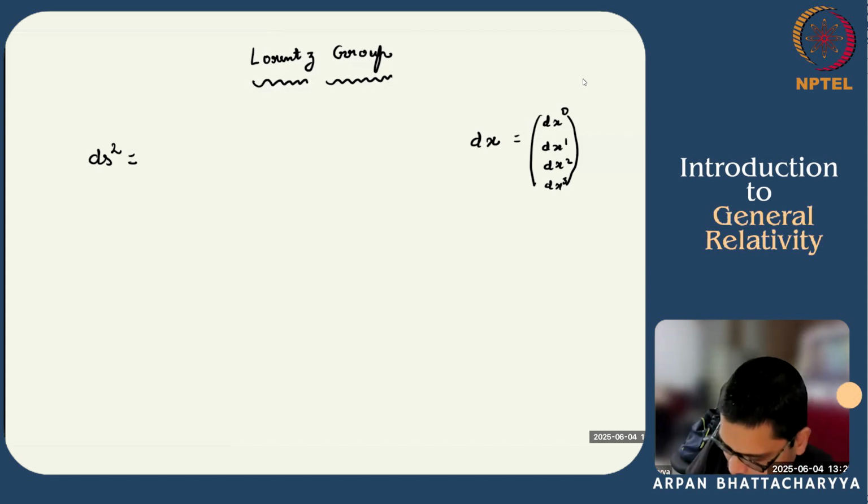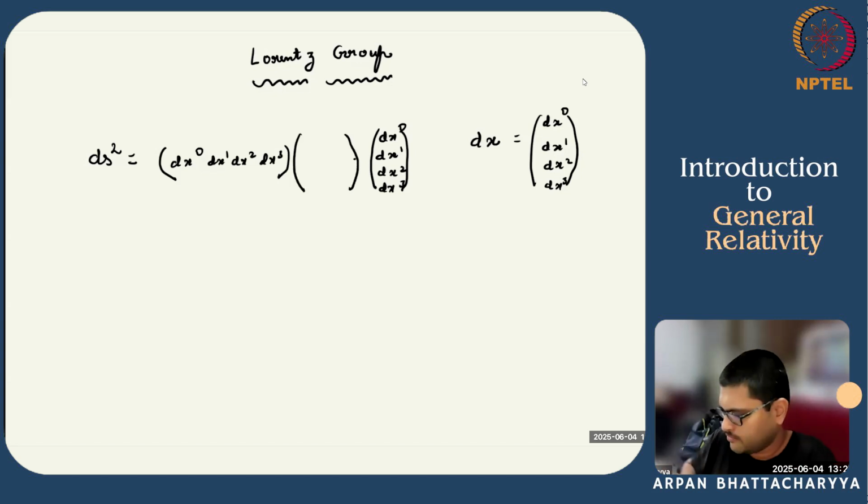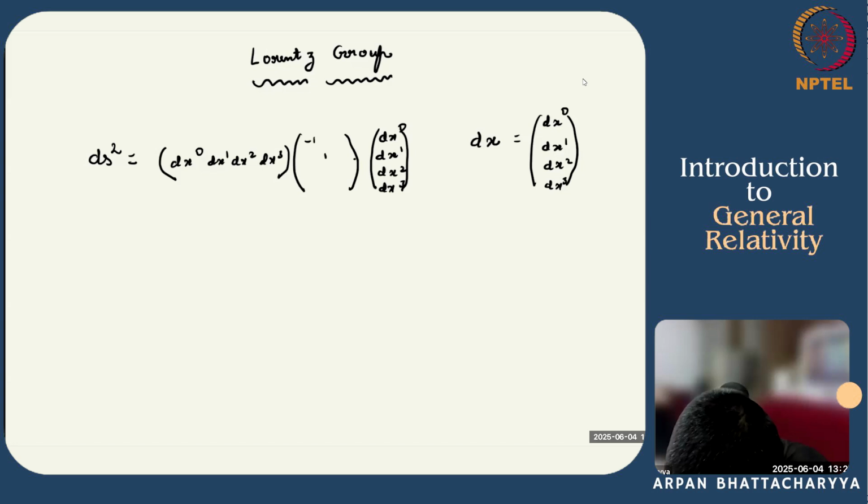And because this is a scalar, just a number or a function, you can rewrite this in the following way: you have the row vector dx0, dx1, dx2, dx3, and then the column vector dx0, dx1, dx2, dx3, multiplied by a 4 cross 4 matrix that takes this diagonal form.